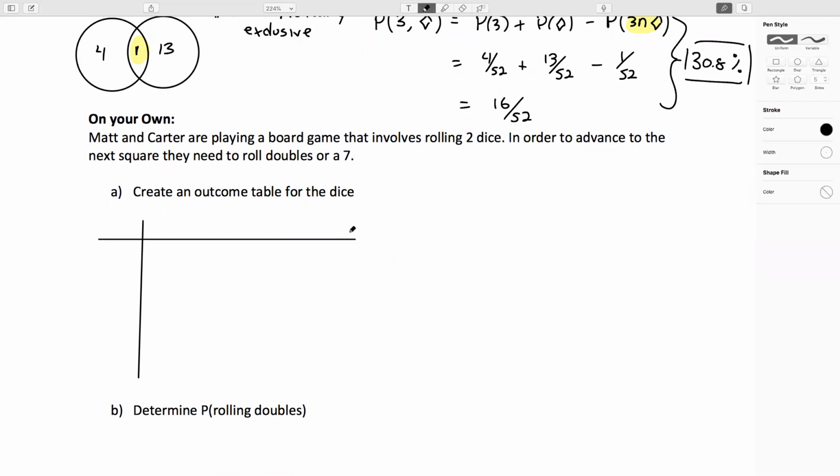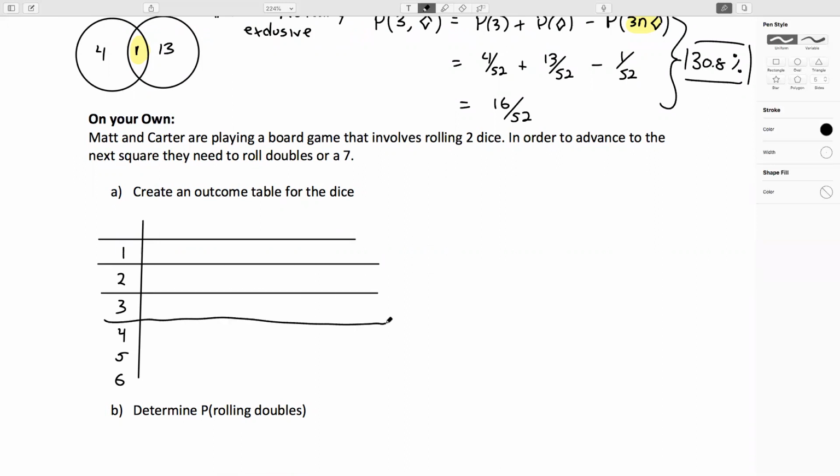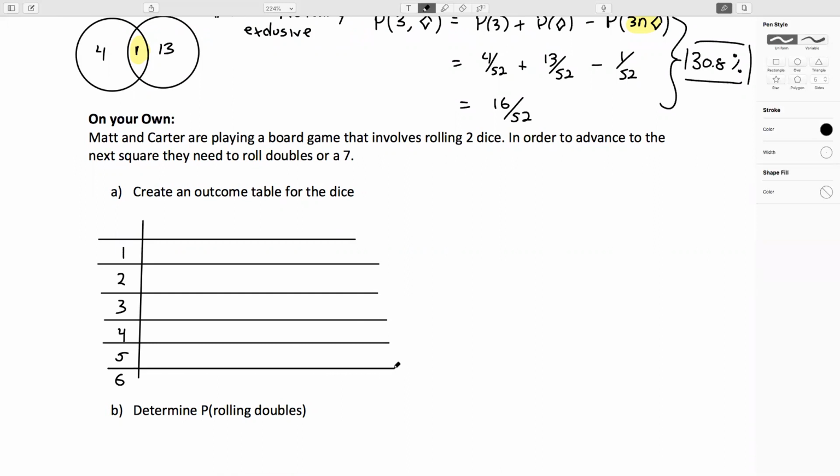And there's going to be 6 different options: 1, 2, 3, 4, 5, or 6. So let's set up our table. And on the top, there's going to be 6 options: 1, 2, 3, 4, 5, and 6. So we finished building our table.